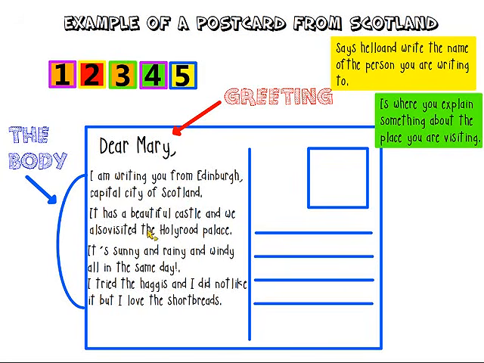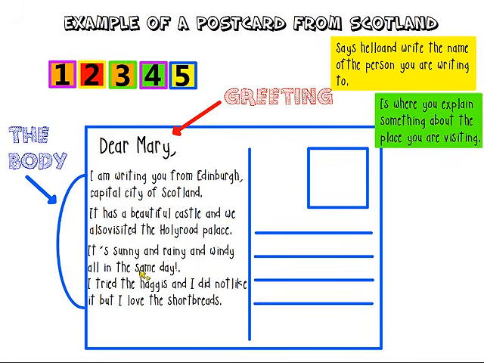It has a beautiful castle, and we also visited the Holyrood Palace. So we know more things, that it has a castle and a palace called Holyrood. You're explaining something about the place.